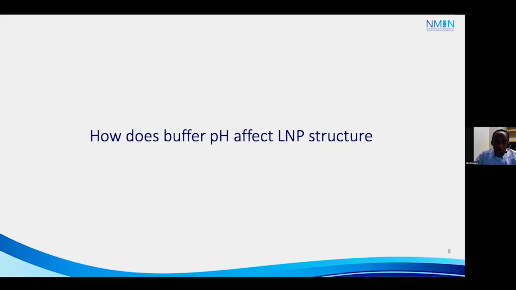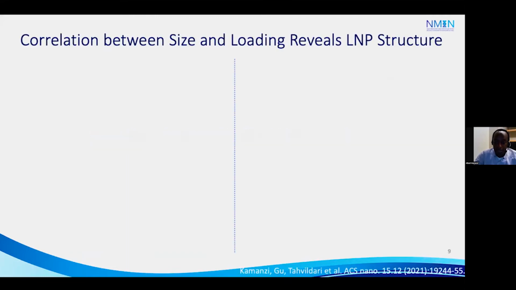Hence, we apply this method to study how the structure of these nanoparticles changes as a function of changing buffer conditions. So the first set of results in this study looked at how particle structure changes as a function of pH.